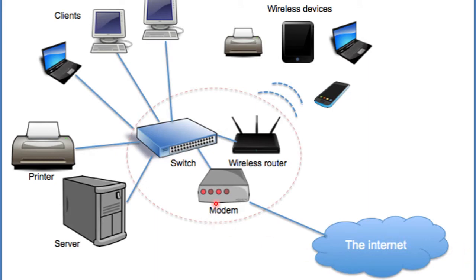So again, our modem connects to the internet while our router connects to the different clients. When we say clients, those are the devices connected to our computer network. It may be wired, like this one, or wireless. So your modem gets the global IP address, while your clients or the devices connected to your network get the local IP addresses.